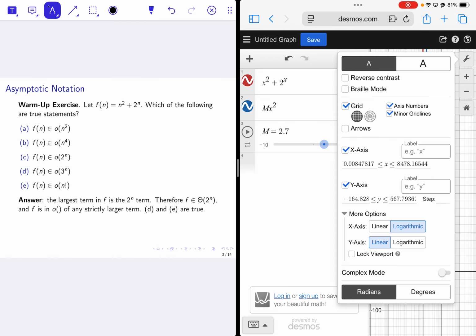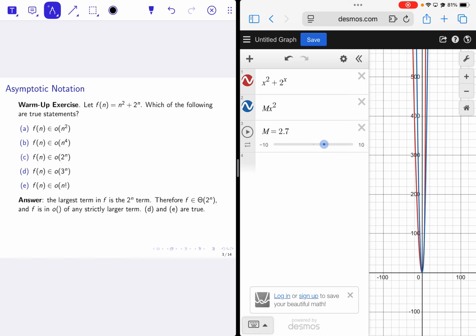Nah, that's not very helpful. These functions are so close to each other that it's hard to illustrate the inequalities that I want to show, but we're going to bear with it.